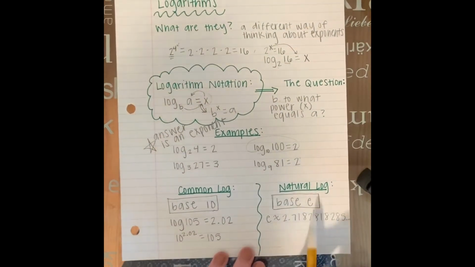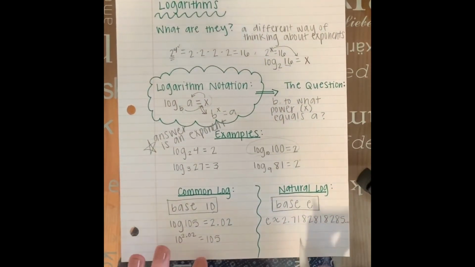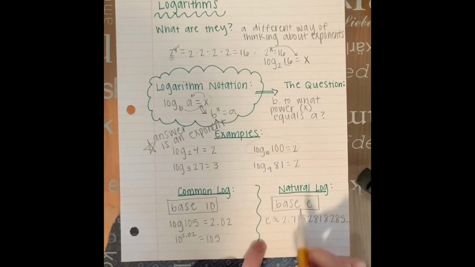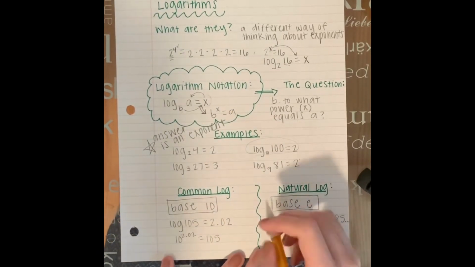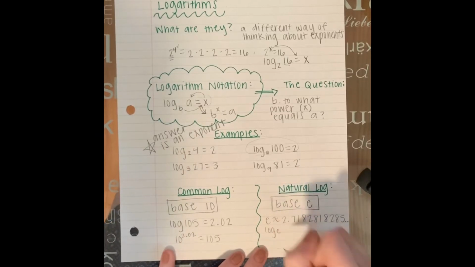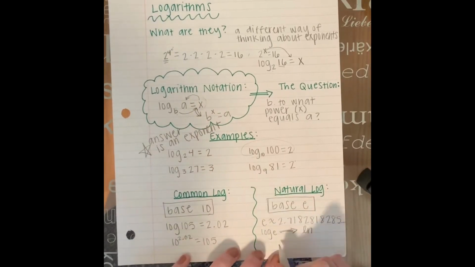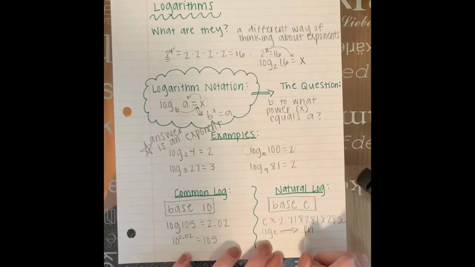We use e a lot next year in exponential functions, but for now, the natural log has a base of e. When we have a base e, log base e, we write that as ln of a number. So log base e is going to be ln.